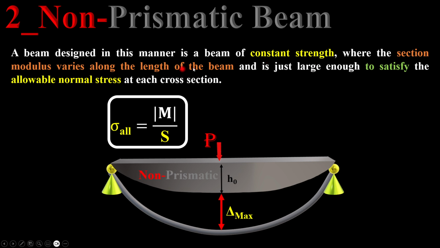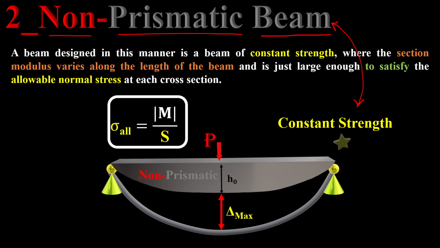That's why we call non-prismatic beams constant strength beams. And in our formula, an important term, capital M stands for the moment in each cross section, and capital S stands for the section modulus.